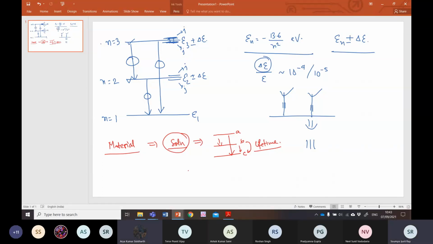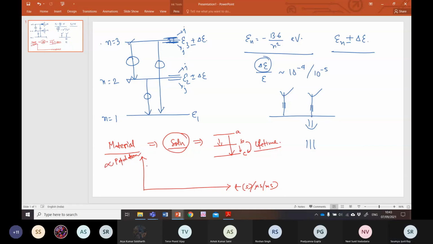Typically in these experiments, the time stays on the x-axis. So let's say it is in seconds or microseconds or milliseconds, a unit of time. And here, let's say this is the population, or something which is proportional to that. It could be intensity or something.